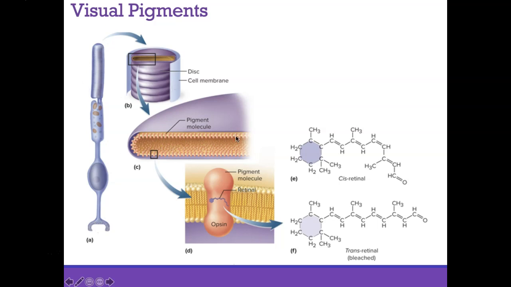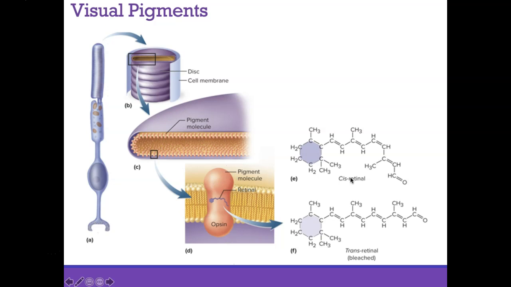And within each disc, we have tons of rhodopsin molecules embedded. So let's zoom in. This is a rhodopsin because you have an opsin protein and this retinal molecule. So this is what we call the photopigment. That's in the photoreceptor. So these discs in the photoreceptor are saturated with these photopigments called rhodopsin.